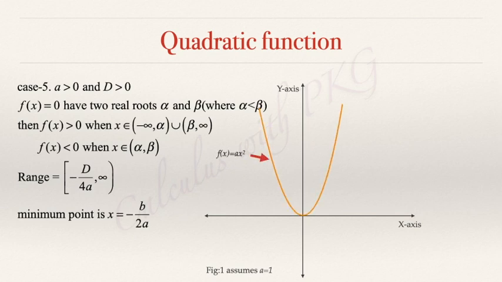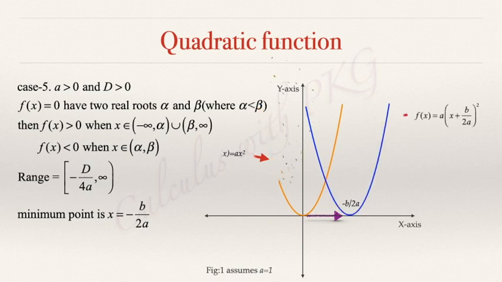Consider the same function f of x equal to a x square, and since here a is positive, our parabola will open in the upward direction, and we will be shifting this parabola by minus b by 2a units to the right side, and we will be getting a new function, that is f of x equal to a within first bracket x plus b by 2a whole square.